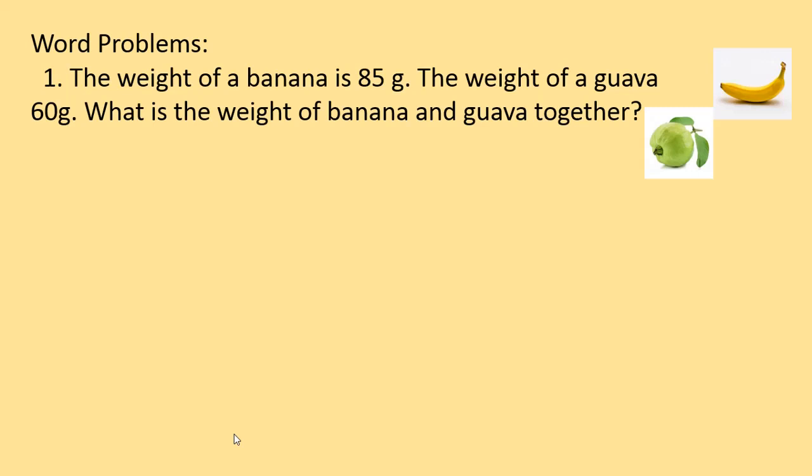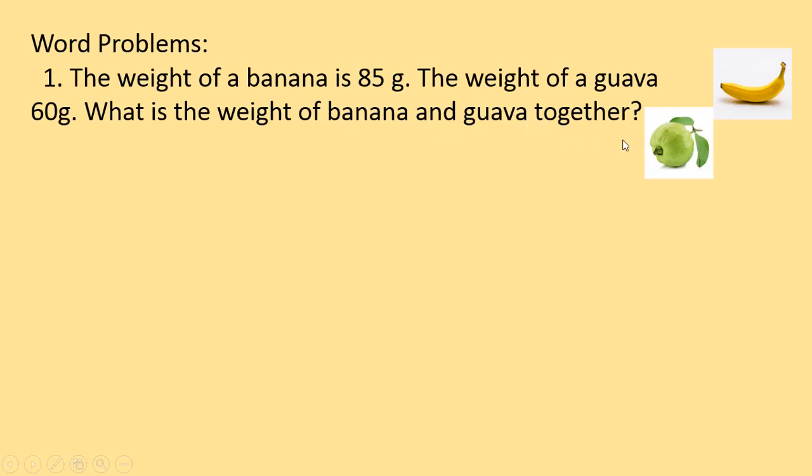Now the word problems. The weight of a banana is 85 grams. The weight of a guava is 60 grams. What is the weight of the banana and guava together?